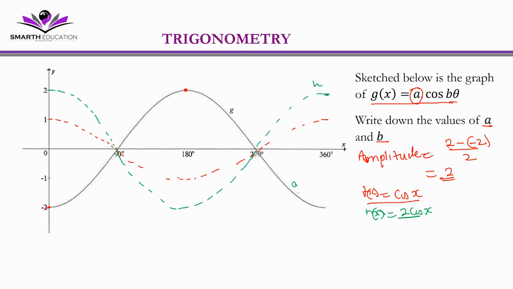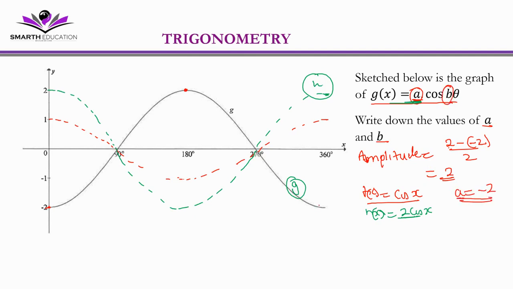Our graph of g of x is a reflection of h of x about the x-axis. So the 2 for g of x is actually -2. So this a here is -2. Okay, so a is equal to -2.